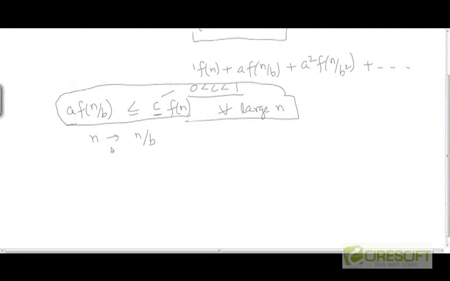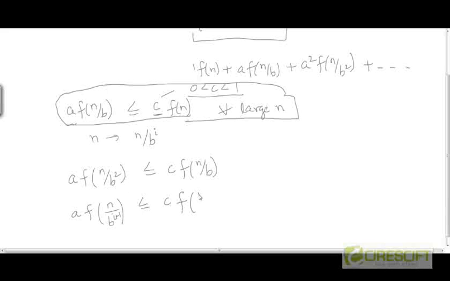So let's substitute n by n by b, and we'll get a times f of n by b square is less than or equal to c times f of n by b. In general, we could substitute n by n by b to the power i, and we would get a times f of n by b to the power i plus 1 is less than or equal to c times f of n by b to the power i.